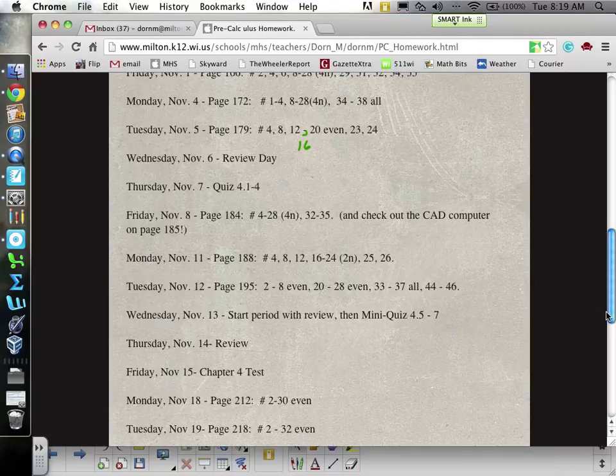Tomorrow we'll be reviewing. Quiz on Thursday. Then we get to move on to the second half of the chapter. The second half of the chapter deals with finding areas of triangles, which is actually not bad at all. The last section, we always seem to throw that one section there.